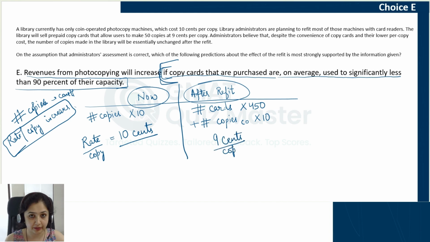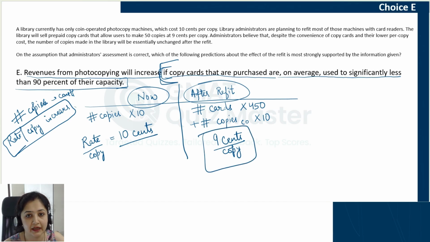Yes, there are some coin operated machines that continue to provide the copies at 10 cents per copy. But let's consider the extreme scenario in which all the machines that are working are the card reader ones and everyone is using them, because that will be the scenario in which the revenue can reduce because of this rate per copy. Right. So, right now, the rate seems to be 9 cents per copy.